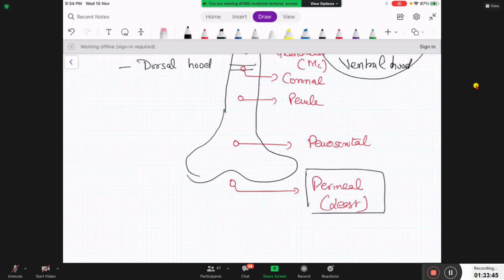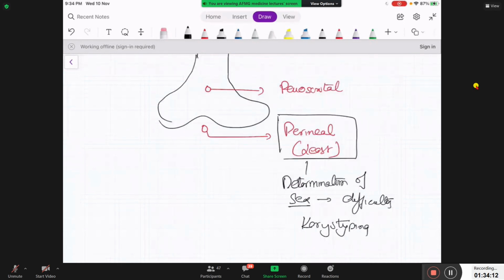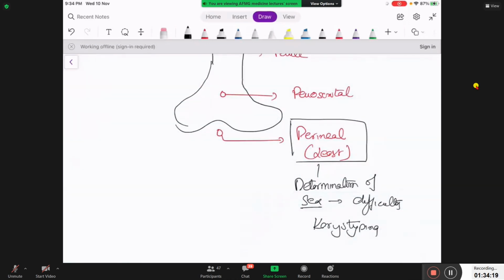Another important point to note: perineal is the type of hypospadias where determination of sex of the newborn will be difficult, and for determination of the sex of these newborns, we may need to do karyotyping. So there was a question asked, in which type of hypospadias is karyotyping required to determine sex? It is the perineal type.